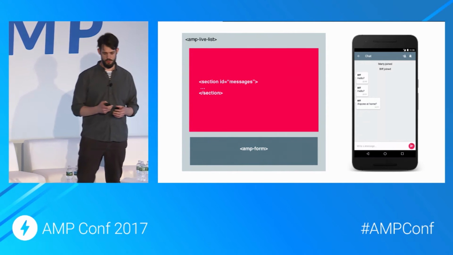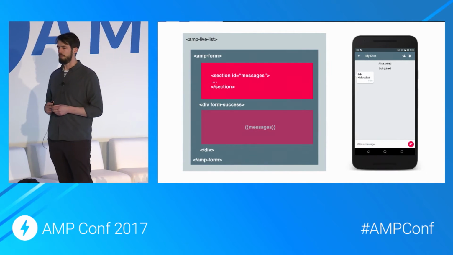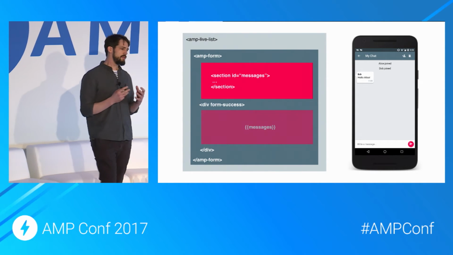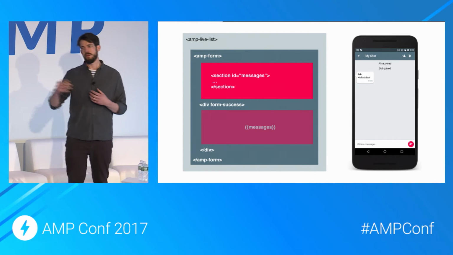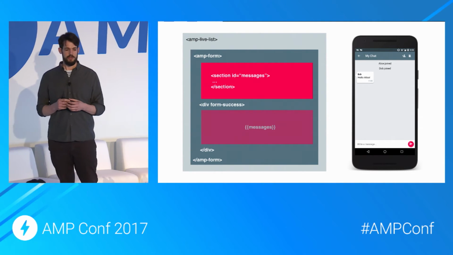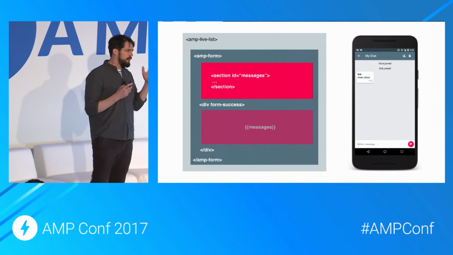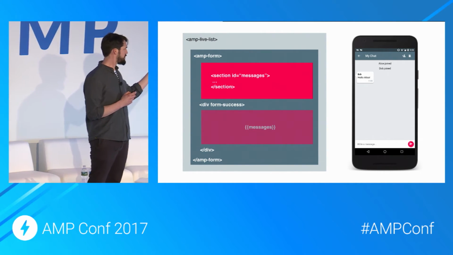So I tried to improve this, and it's actually quite easy if you're using AMP form. The idea is to use the AMP form's capability to render a response inside the document. At first we have our server-side rendered list of messages.